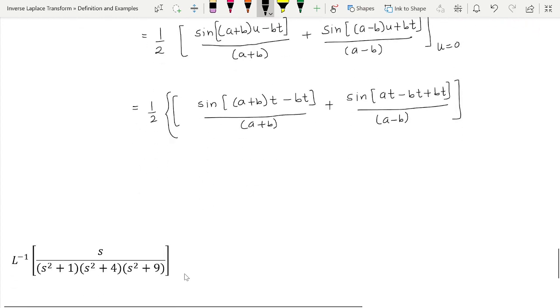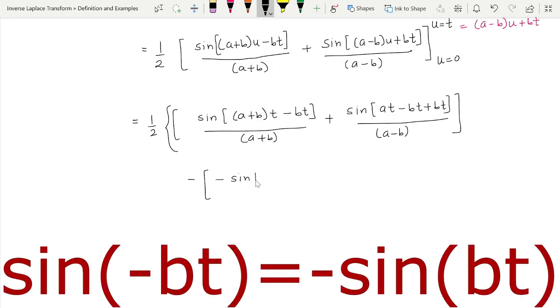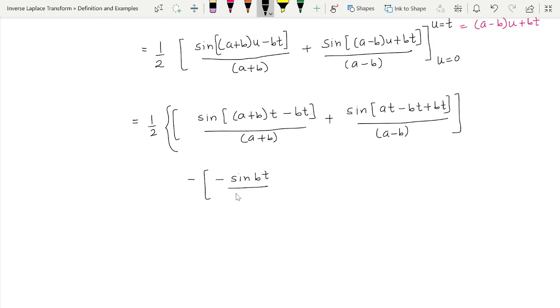Now for the lower limit it will be minus, minus inside the bracket. Since we are substituting for u as 0, it will be sine of minus BT, but sine is an odd function, so it will be sine of BT upon A plus B, and plus, if I put u equal to 0, in fact I will get only sine of BT, and upon this will be A minus B, and that's it.